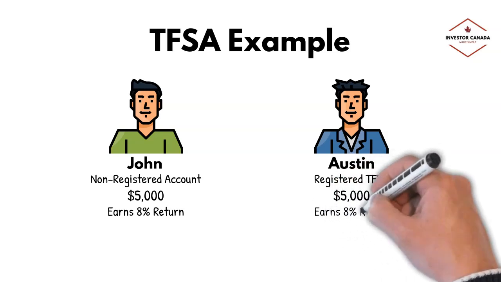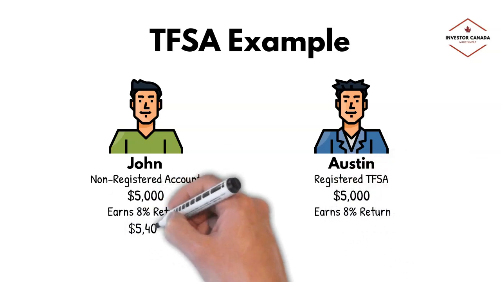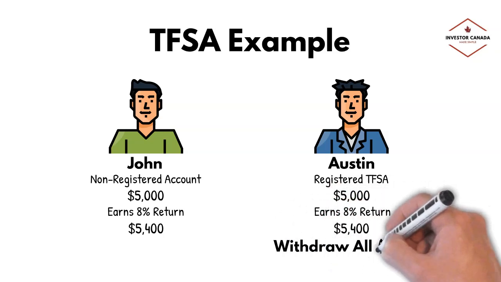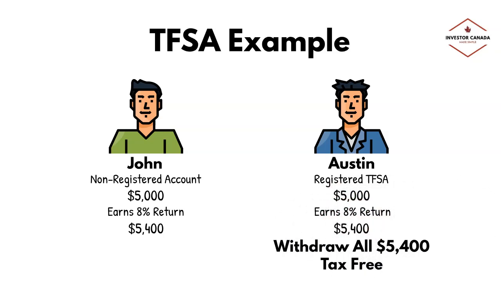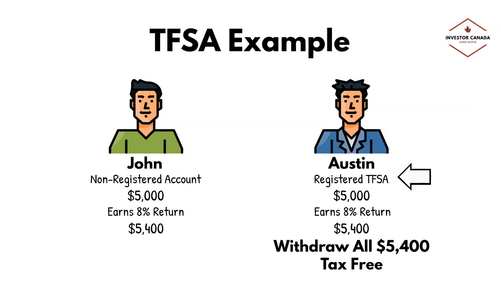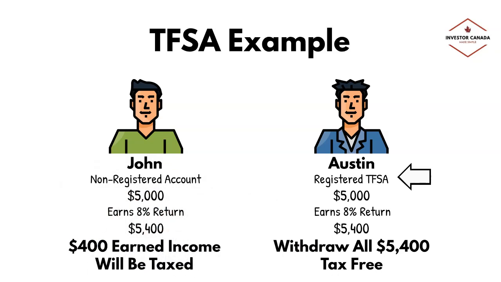They both receive 8% from their investments for a total of $5,400 at the end of the year. However, Austin will be able to withdraw all $5,400 with no tax penalty because he invested within a TFSA account, whereas John would be taxed on the $400 he earned, the income, from his investments.